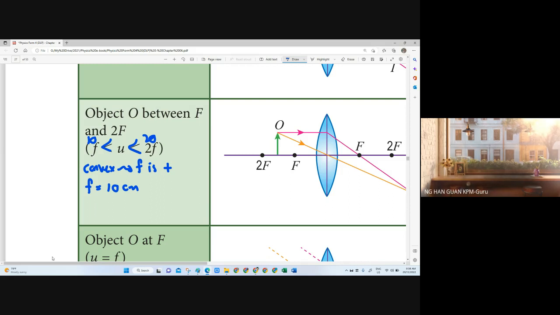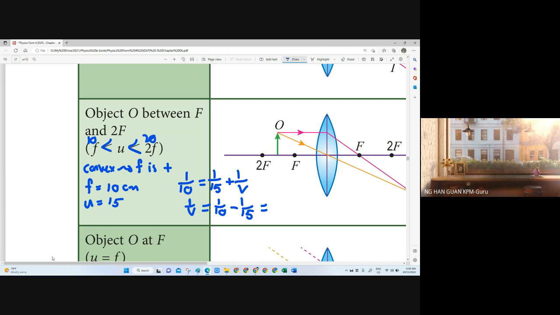So in that case, we can use u, let's say in between, so we take the middle, so 15. Right, so 15 will be between F and 2F. All right, so now we do the calculations. 1 over 10 will equal 1 over 15 plus 1 over v. So 1 over v will equal 1 over 10 minus 1 over 15.